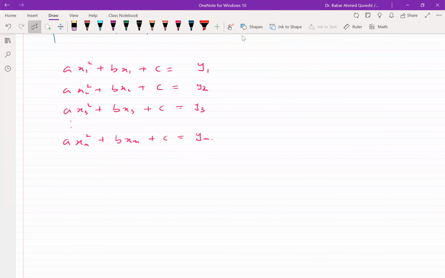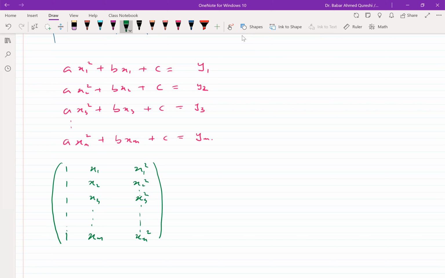This set of equations, you can then write as x1, x2, x3 up to xm, then x1 square, x2 square, x3 square up to xm square, acting on, I have to produce this thing over here, so I better put C, because the way I have written this matrix, I should write CBA. These are the unknowns which I am trying to find.